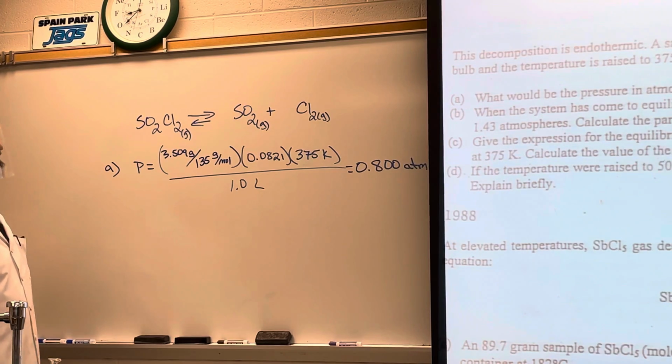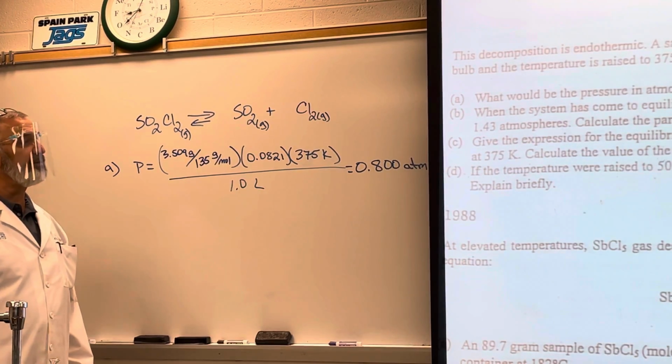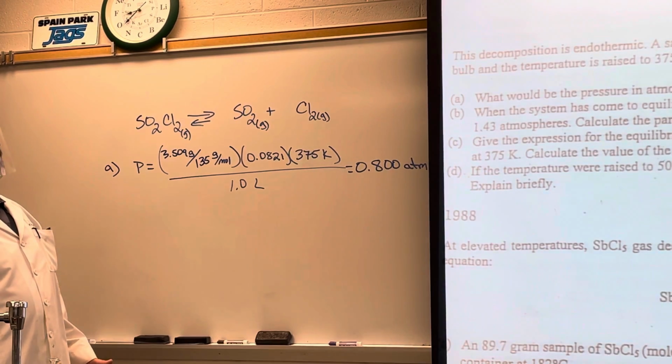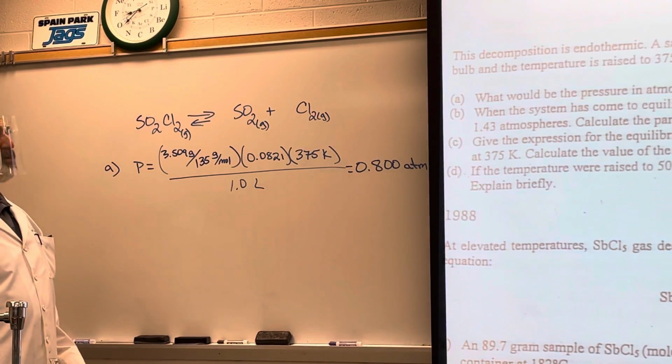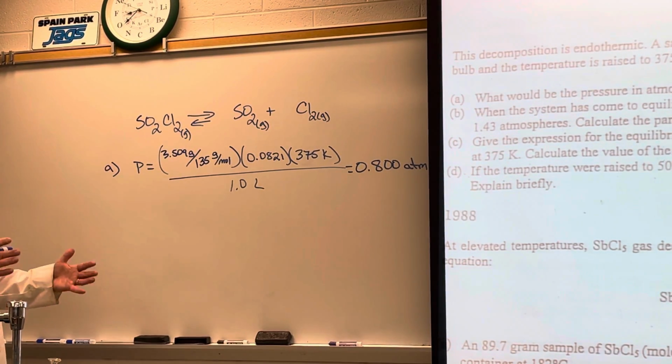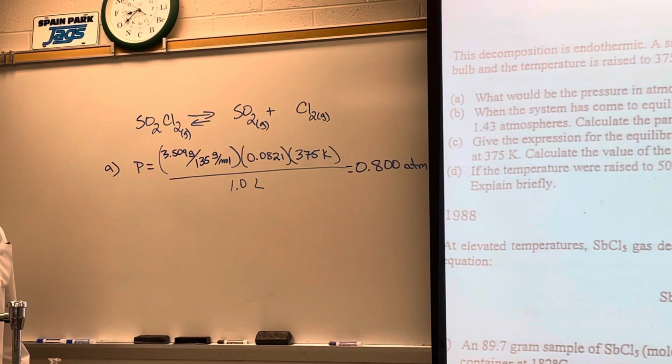Because then it says when the system has come to equilibrium, the total pressure in the bulb is found to be 1.43 atmospheres. Okay? Now, when it comes to equilibrium, what substances are causing that pressure?